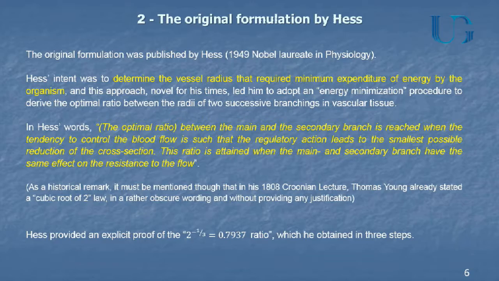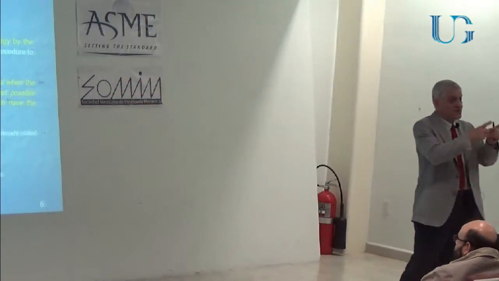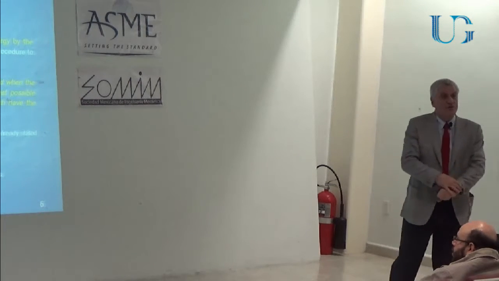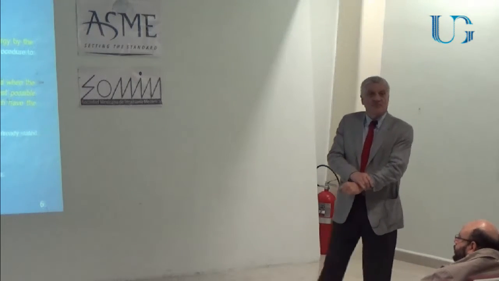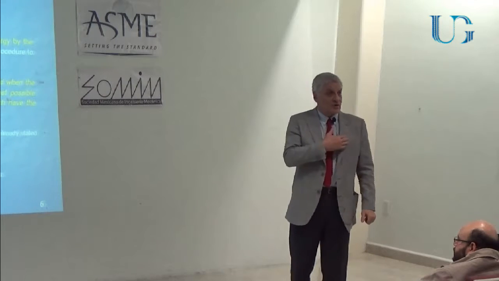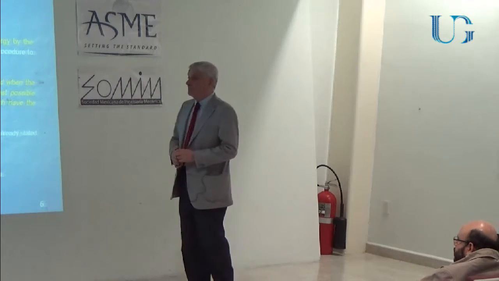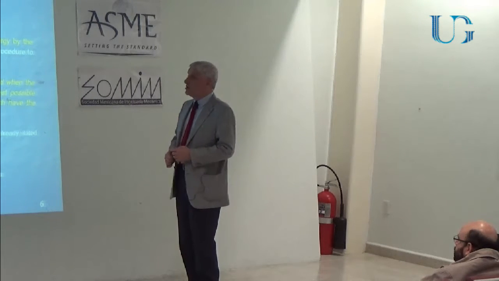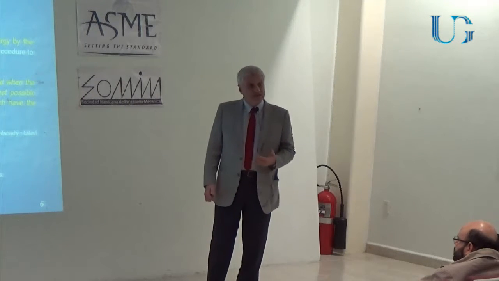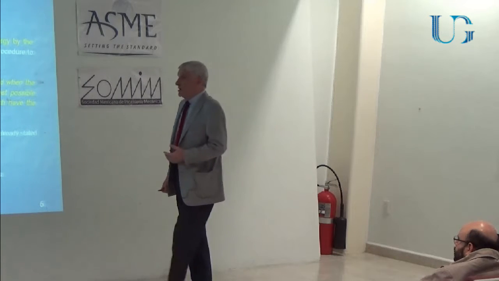This is an energy formulation, because if you talk about the pressure drop for a given flow rate, you are talking about a pumping work. Pumping work comes from the heart. So this is an energy formulation, which was new for his time.